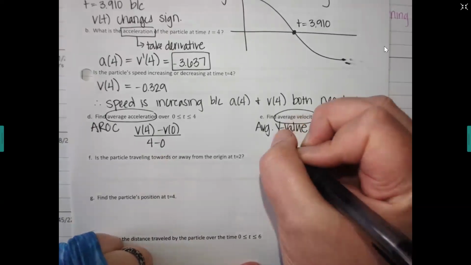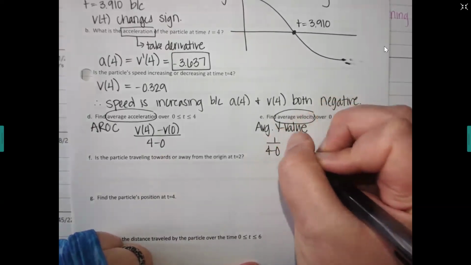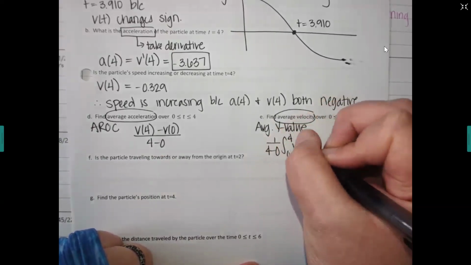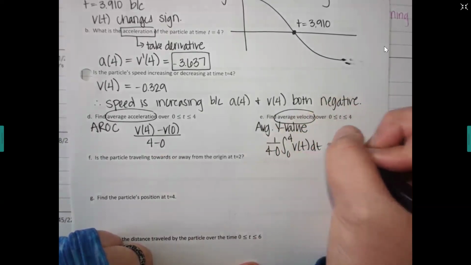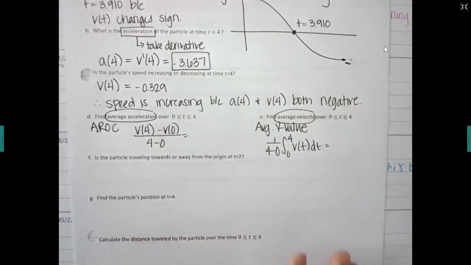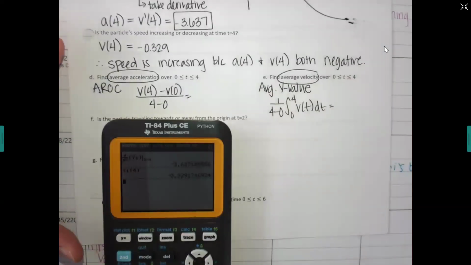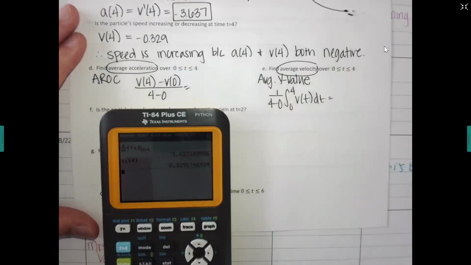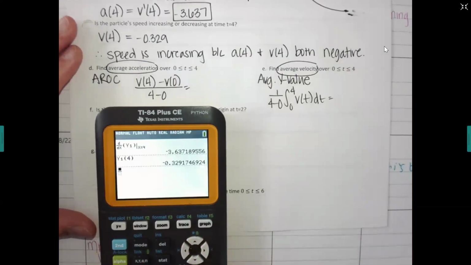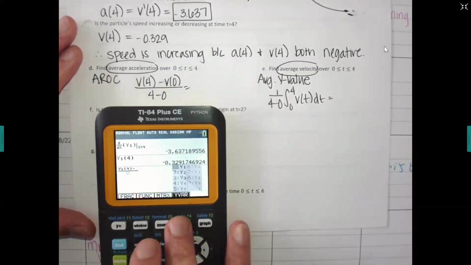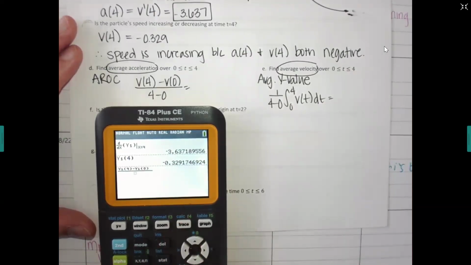Okay, then this one is 1 over 4 minus 0, 0 to 4. Okay. Then go ahead and type both those in. See if you have any issues with any of that. Okay, you can see me type it in if you need help.